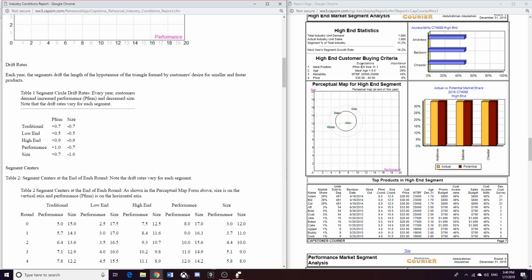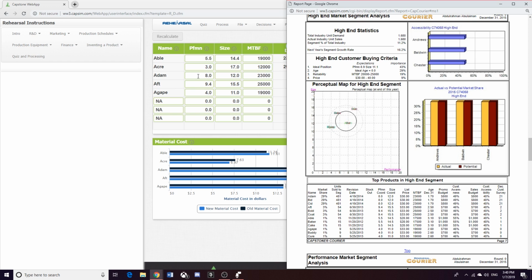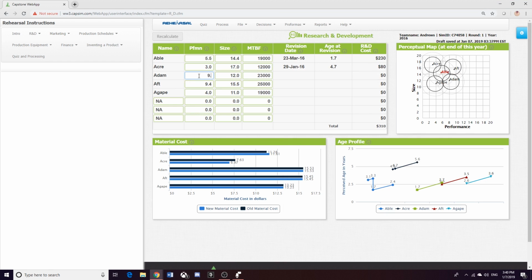So we want our product to be positioned at 8.9 plus 0.45. When we add that, it becomes 9.35. So we want Adam's performance to be at 9.35, and it will round up to 9.4. We're good with that.